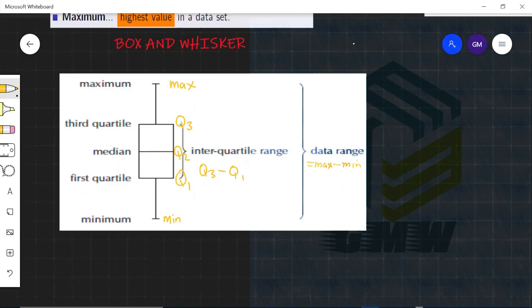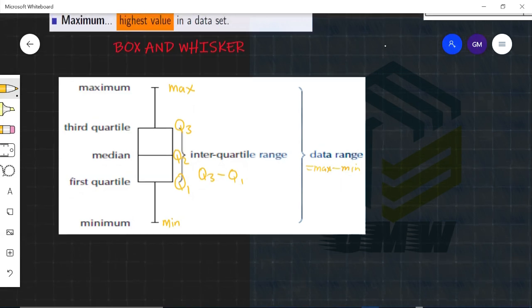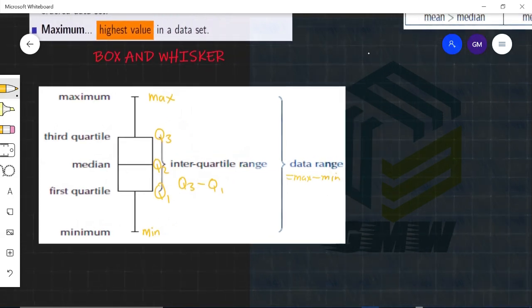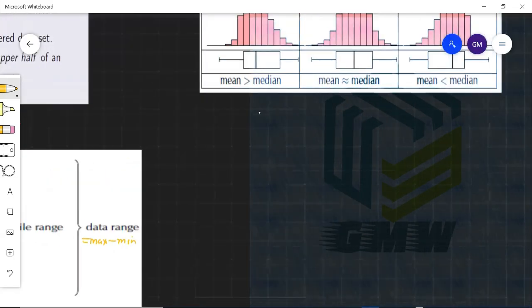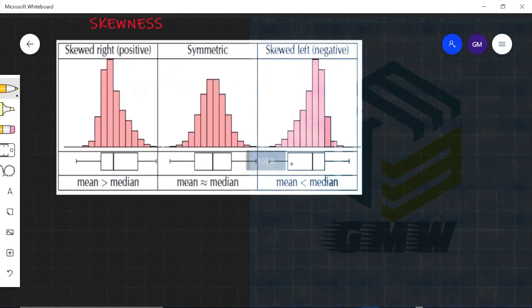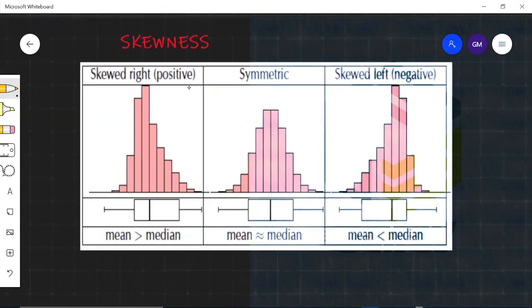When we speak of skewness, we want to see if data is more to the left or more to the right. Can I show you a diagram to interpret that? Data can be skewed to the right, meaning positively skewed, or symmetric, meaning not skewed at all, or skewed to the left, meaning negatively skewed.